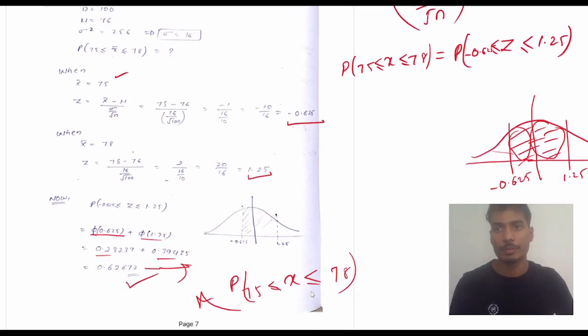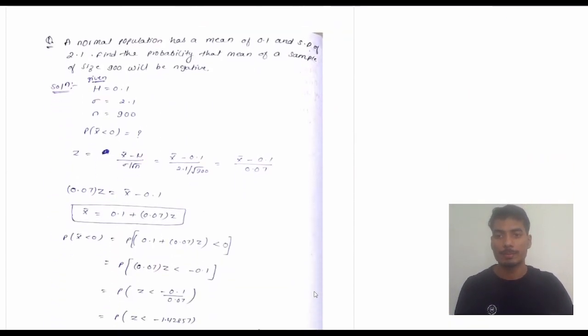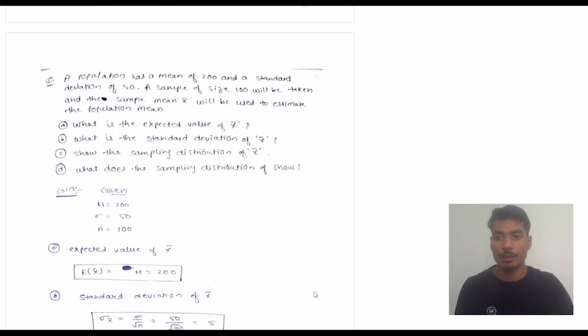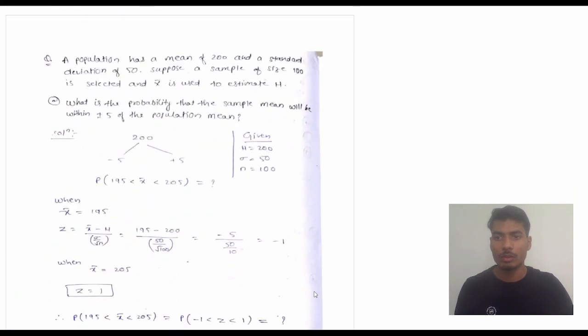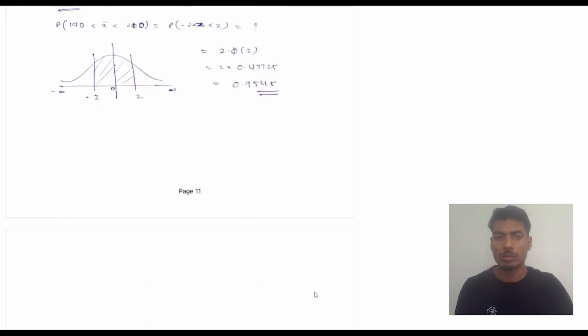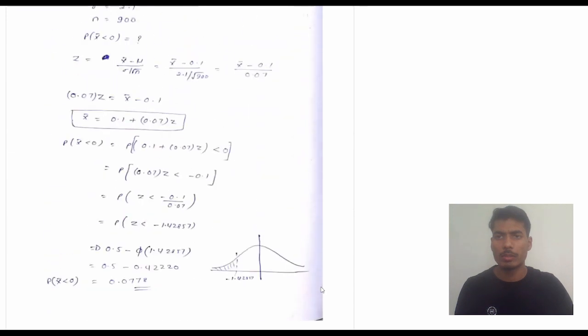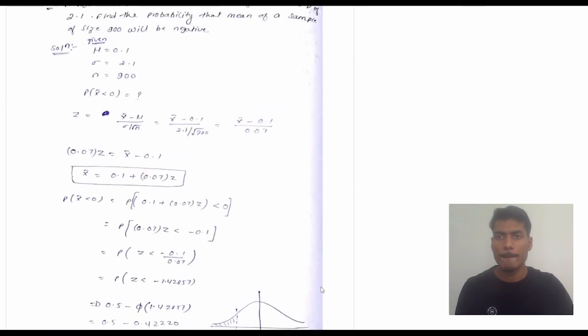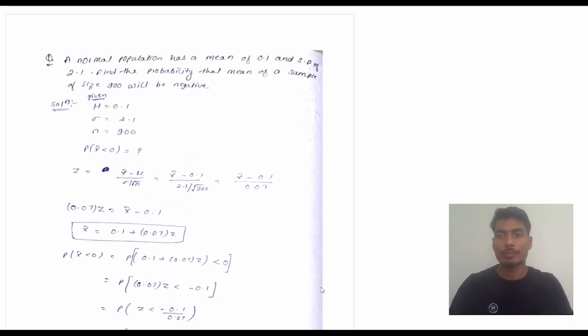Okay. Now see another problem. Two or three more problems are there. See this problem. A normal population has a mean of 0.1, means mean equal to 0.1.